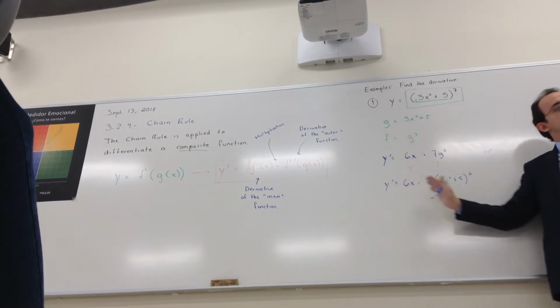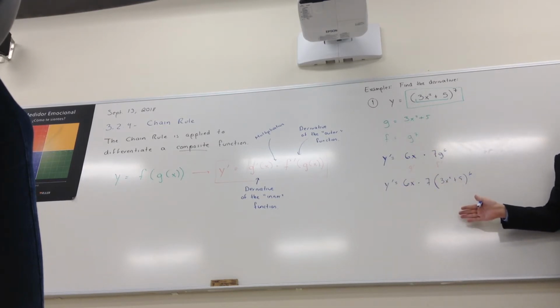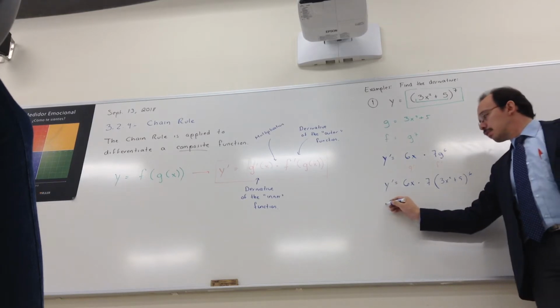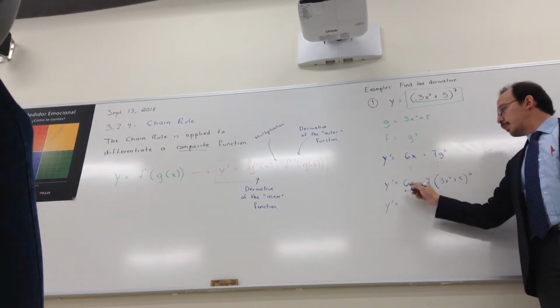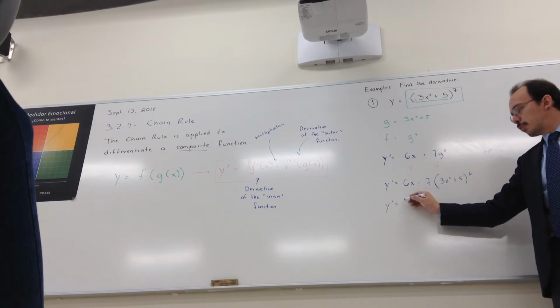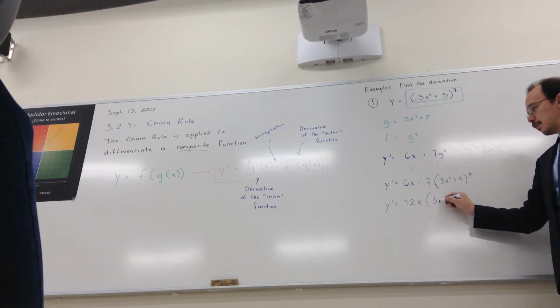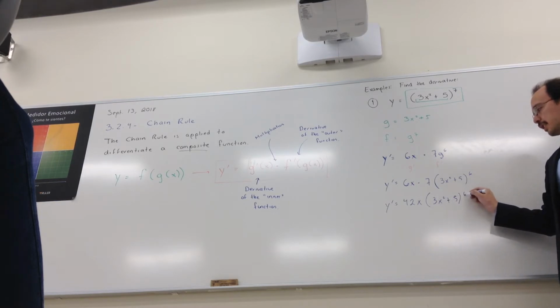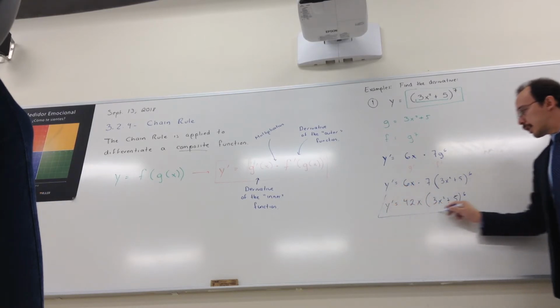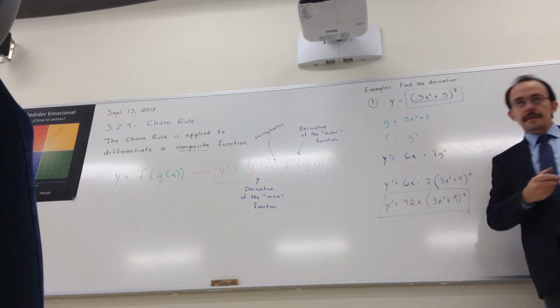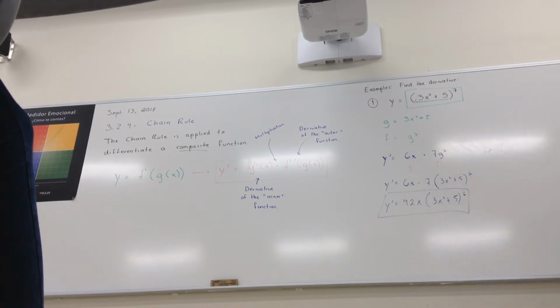So I'm having everything in terms of the variable x. And now we simplify. y prime is going to be 6 times 7, which is 42x times (3x squared plus 5) to the 6th power. And that's the answer.